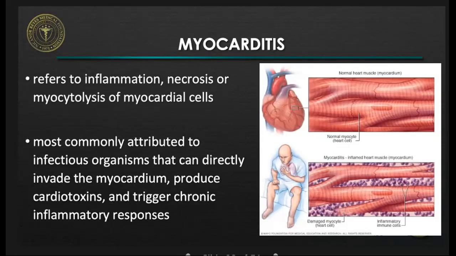If you compare the myocytes in a normal myocardium on top of the picture, and at the bottom is the myocyte in patients with myocarditis or inflamed myocardium. It is most commonly attributed to infectious organisms that can directly invade the myocardium or produce cardiotoxins and trigger a chronic inflammatory response.